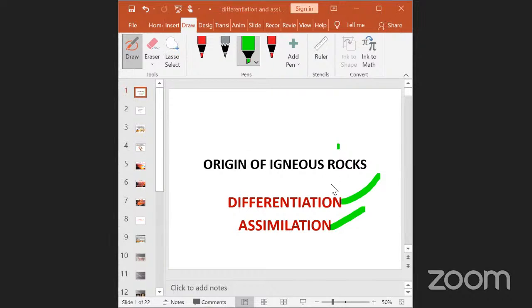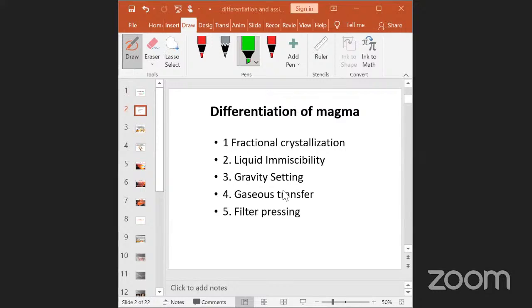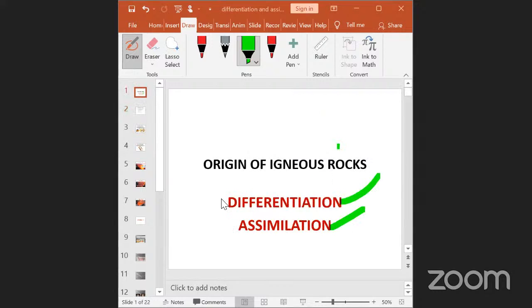The process by which magma splits into parts having different composition is called differentiation.